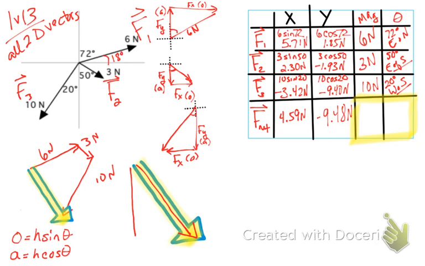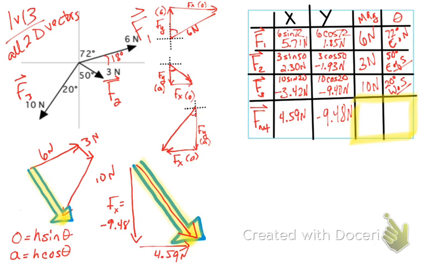Its x component is going to be 4.59, and its y component is going to be negative 9.48.